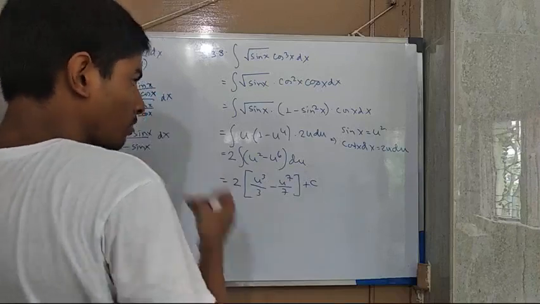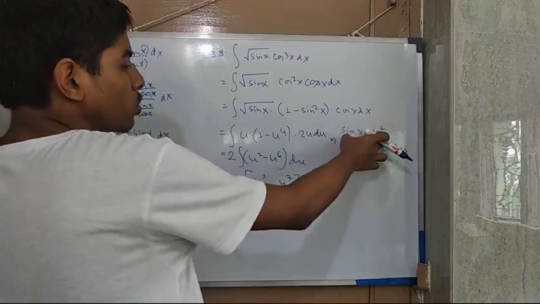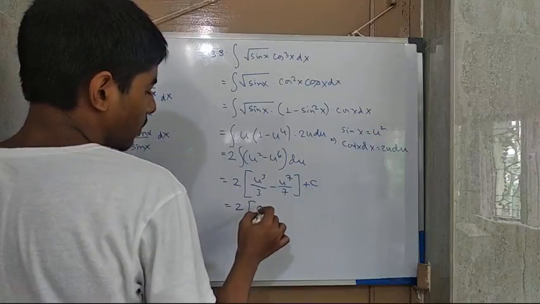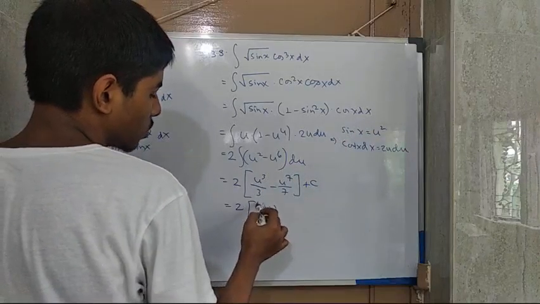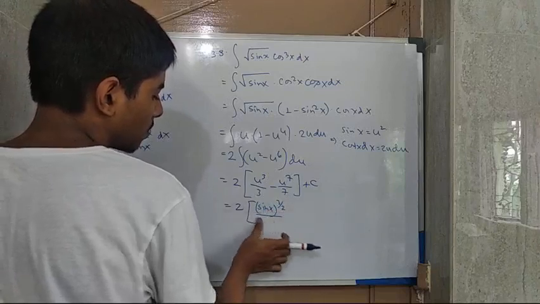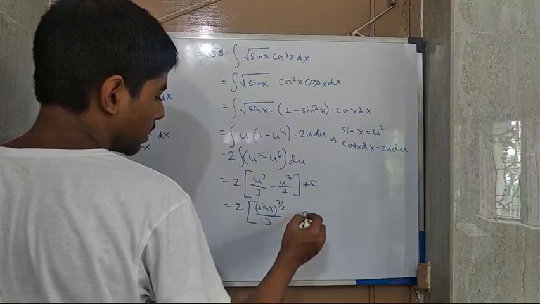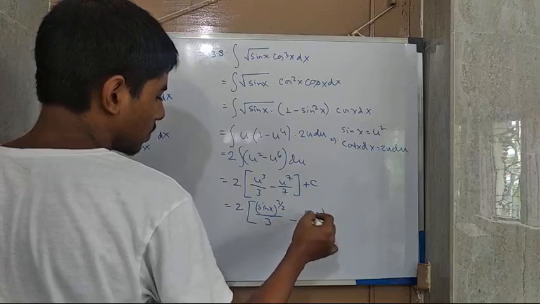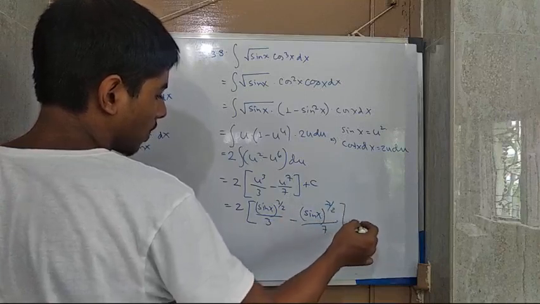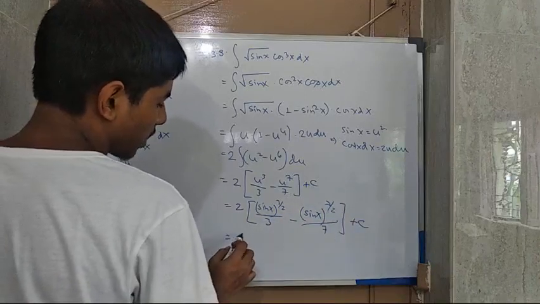So u was root under sine x, so put that back. So this is sine x to the power 3 by 2 by 3 minus sine x to the power 7 by 2 by 7 plus c.